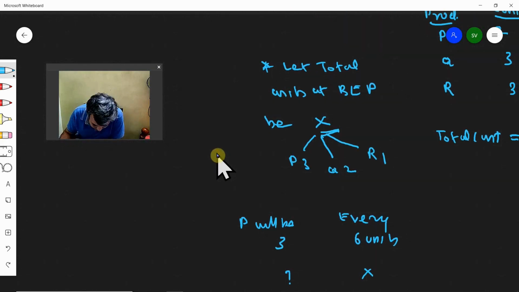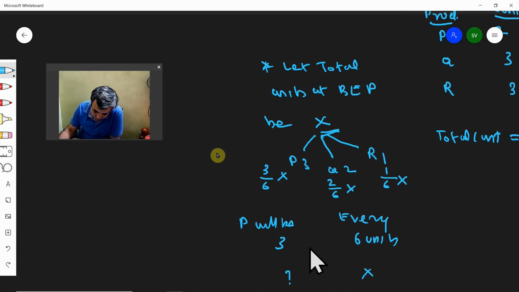So concentrate here. 3 by 6 X will be P, 2 by 6 X will be Q, and 1 by 6 X will be R. How did I get 2 by 6 and 1 by 6? Same logic.